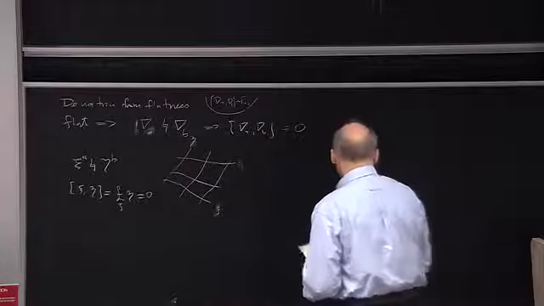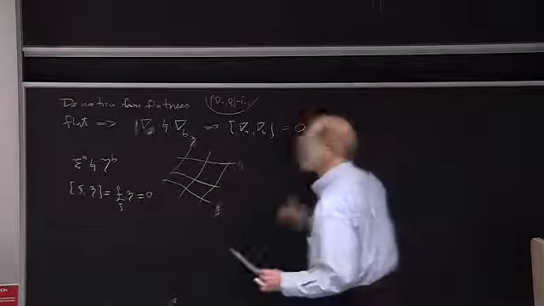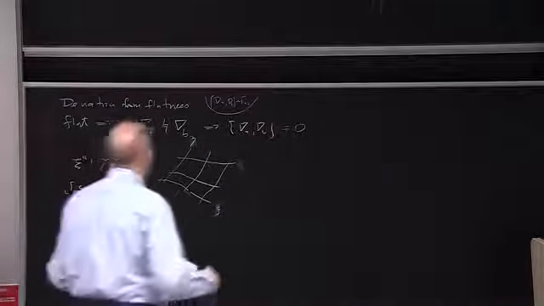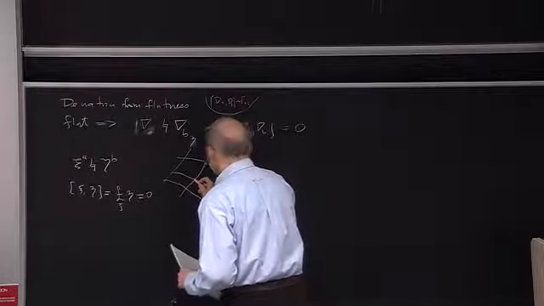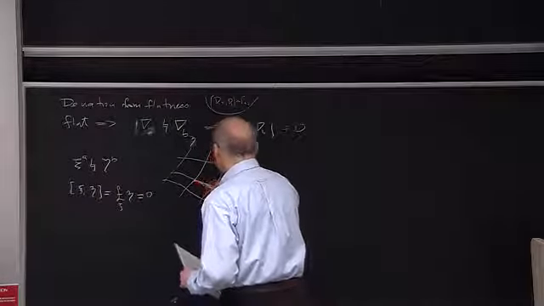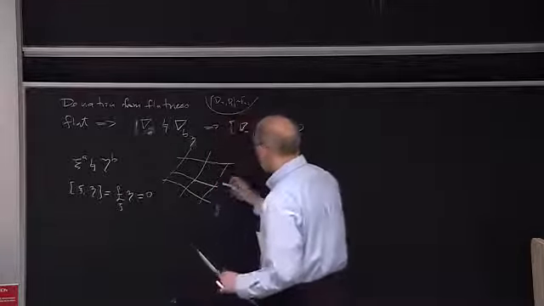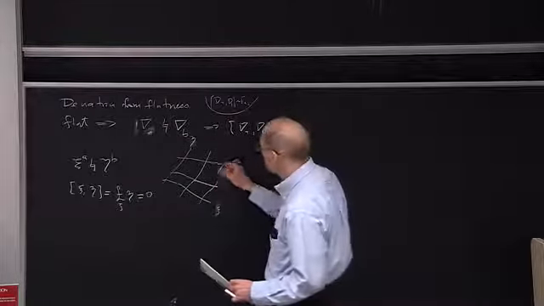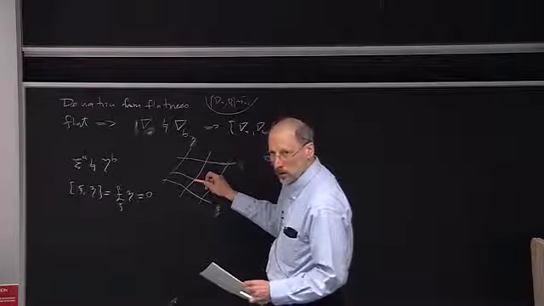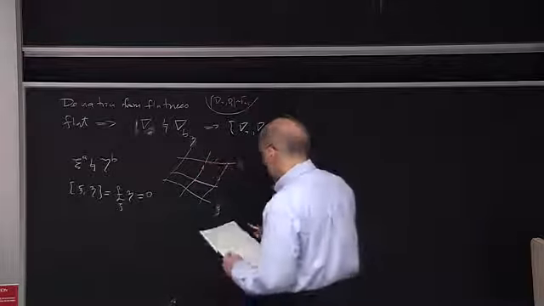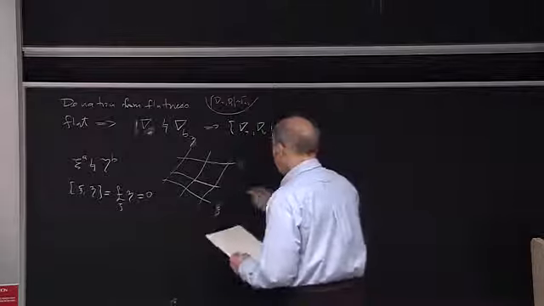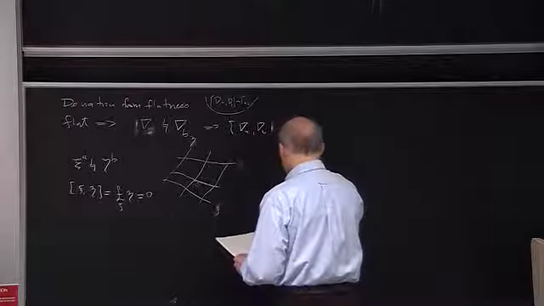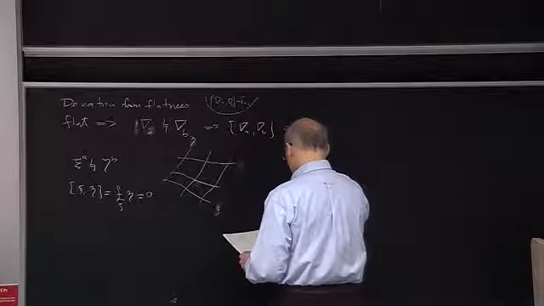And that means that if you start here and go a fixed parameter distance, say parameter distance 1 along c, and then parameter distance 1 along eta, you get to the same place as if you did it in the opposite order. You go parameter distance 1 along eta, and then along c. So let's isolate this little square here.